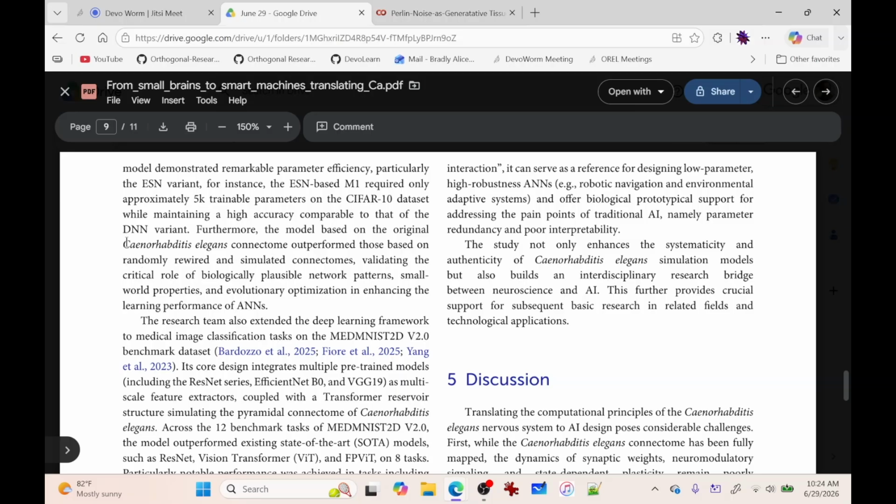So the topology definitely has an effect, and you can use random rewiring and other techniques to get a sense of what the random state would look like, and then use C. elegans as the experimental method for what the structure might look like. They were able to get good results out of the C. elegans example and not so good results out of the randomly rewired example. So it's the structure of the C. elegans connectome that's really giving us an effect here.